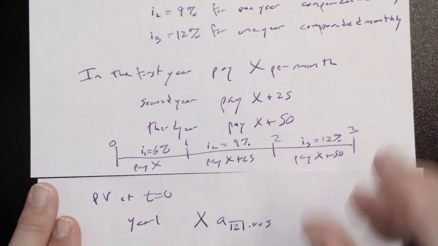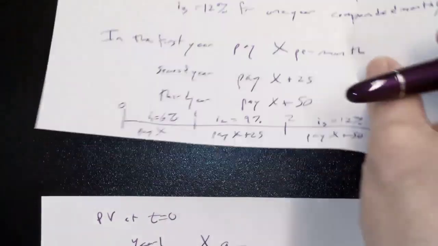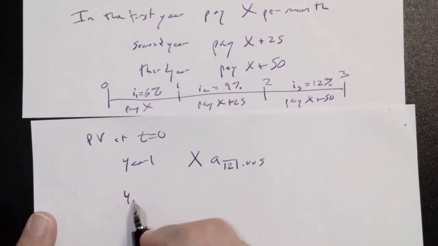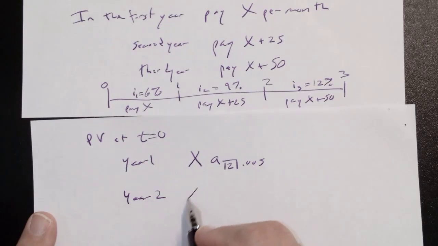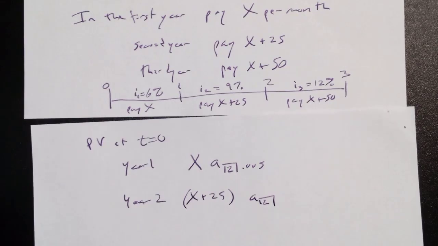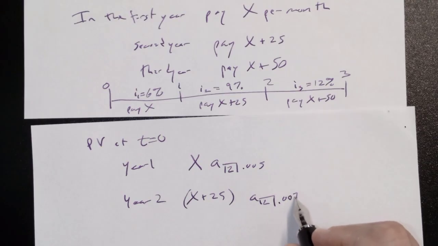Now, in year 2, I'm making a new payment. I'm doing it for 12 months, so I'm going to do A12. What's the interest rate during this year? But it's per month, so it's 0.9 divided by 12. Great.